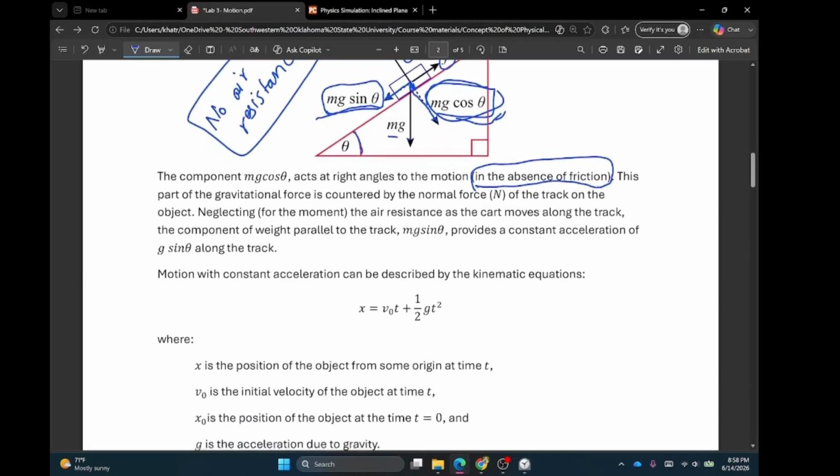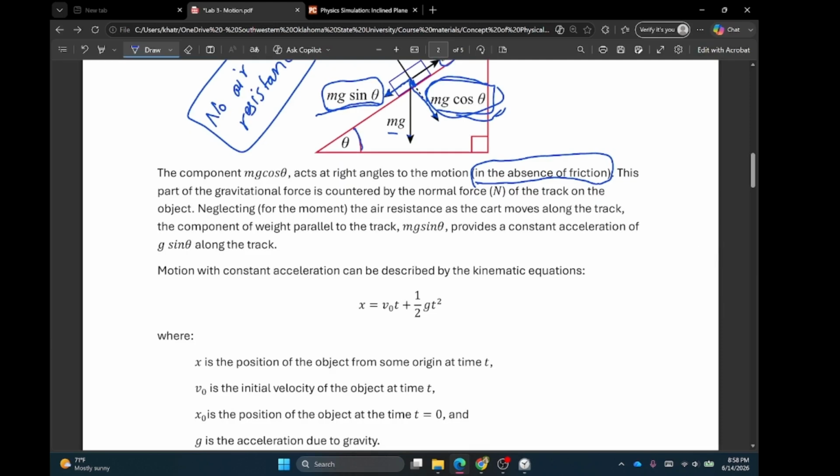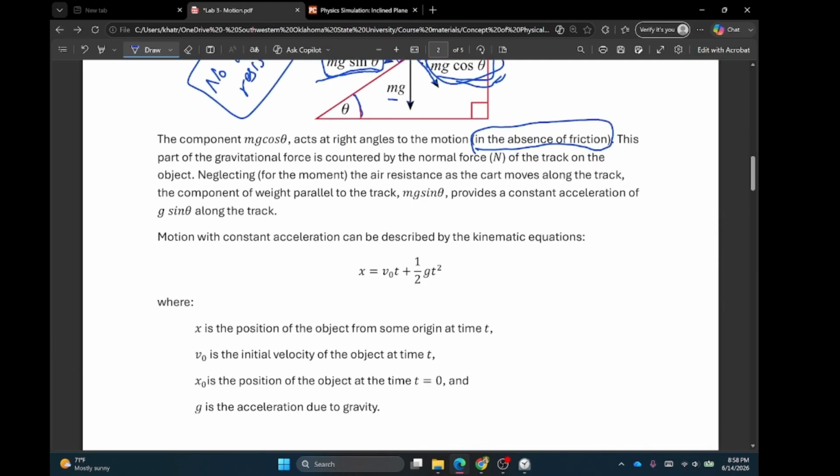And we know from the kinetic equation the distance covered by an object with an initial velocity of v naught within a time interval t, and acceleration due to gravity g. We can calculate the distance using all this information.